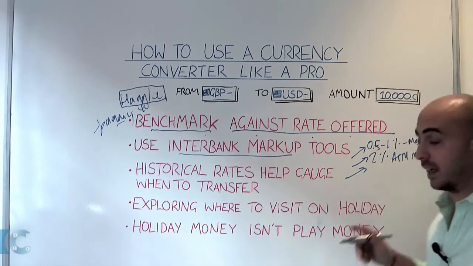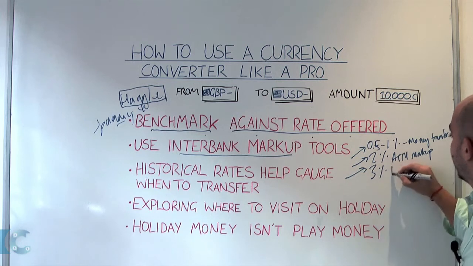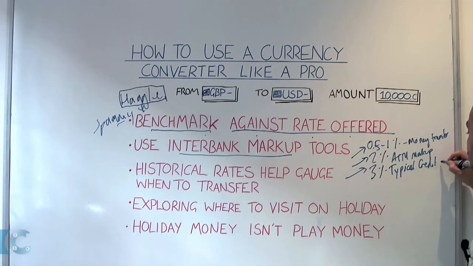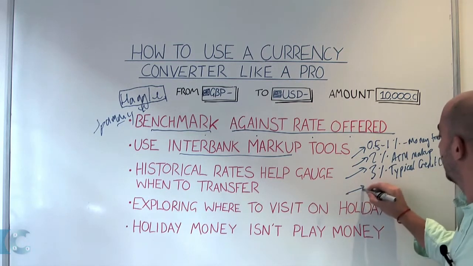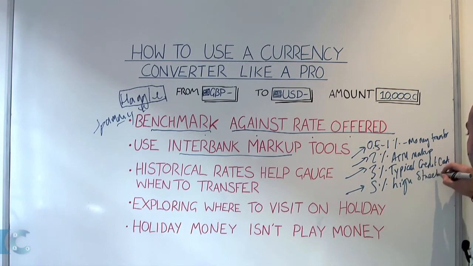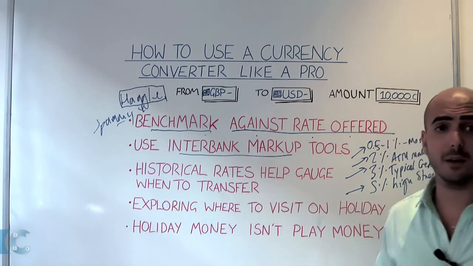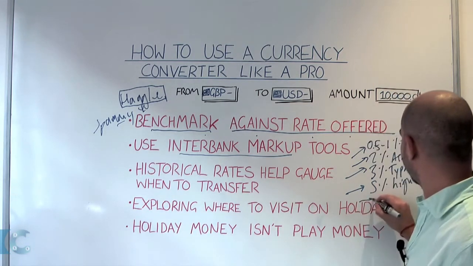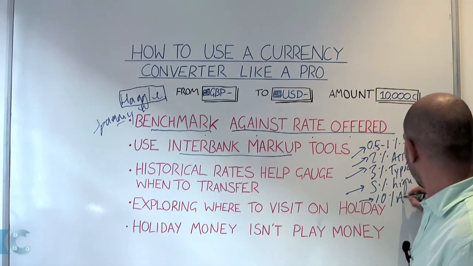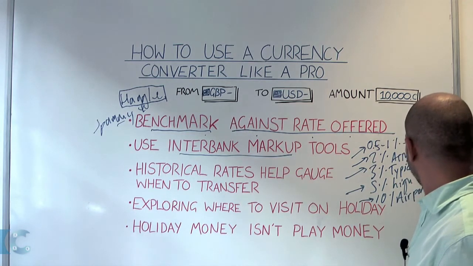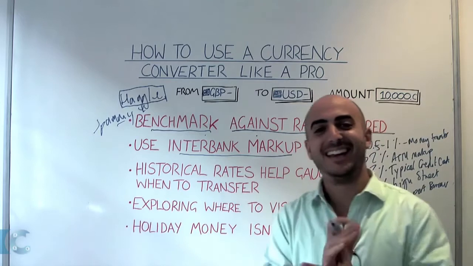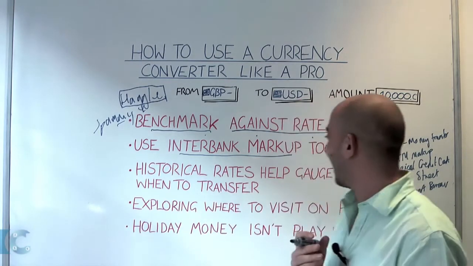Once again, 3% is your typical credit card markup. Around 5% would be the high street if you're exchanging cash and buying holiday money, and around 10%, the worst of the worst, would be the airport bureau markup. I apologize, viewers, if I've just jumped off the screen, but here I am once again.